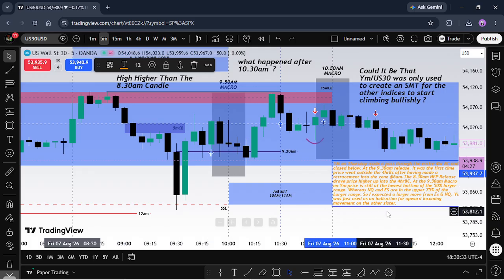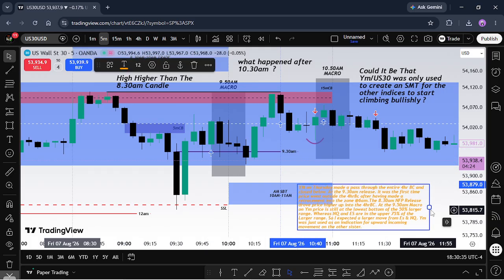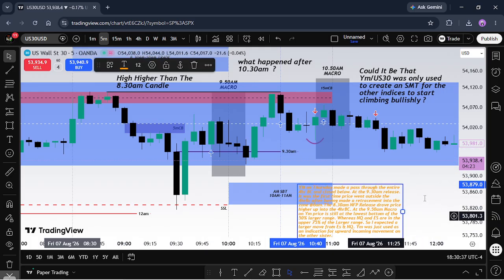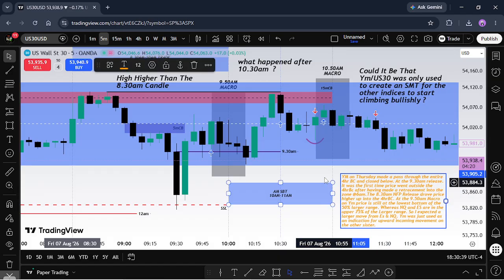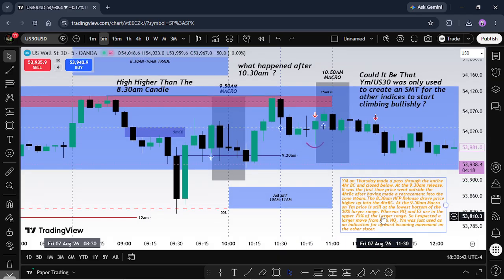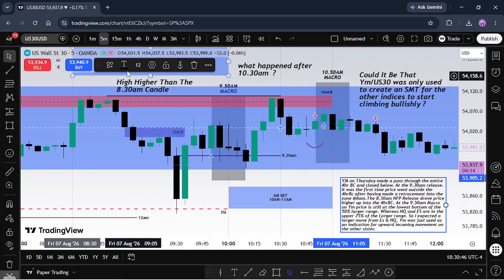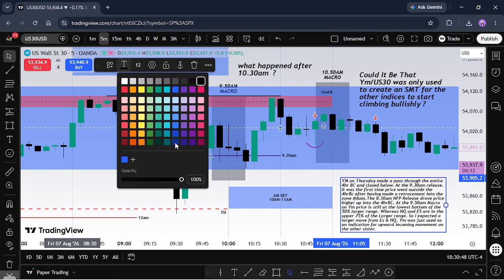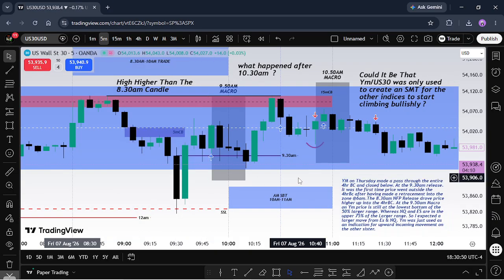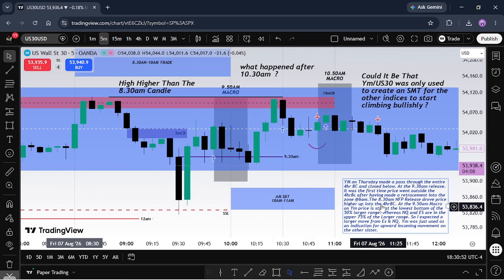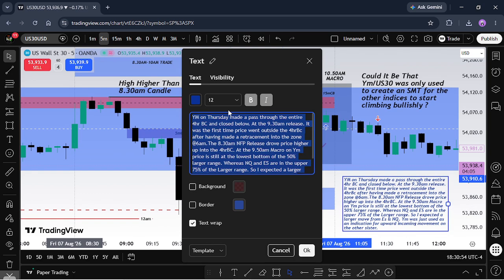Let's just make it 12. Yeah, I'll put a lot of information in there. Yellow just won't do it. Let's make it black. Nah, there's black everywhere. Let's make it blue. Yeah, blue is fine, because I need to put importance into it. Notice.